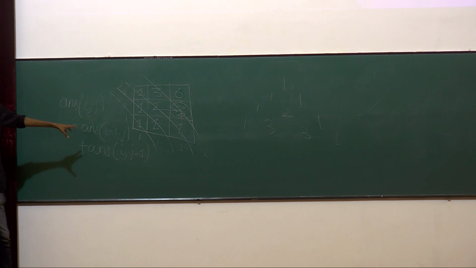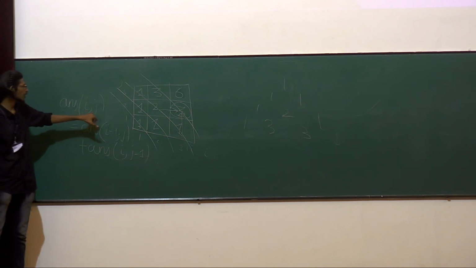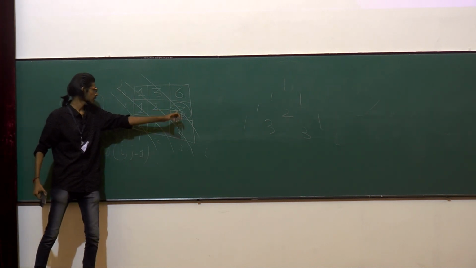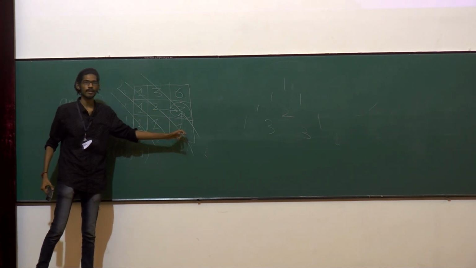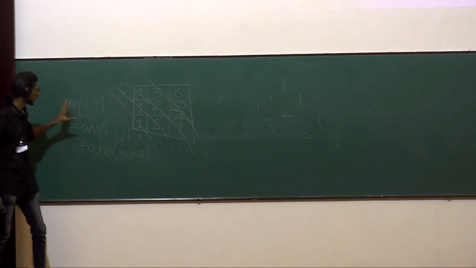Do you agree with this? Answer of any cell I comma J is this sum. I wrote this as this.